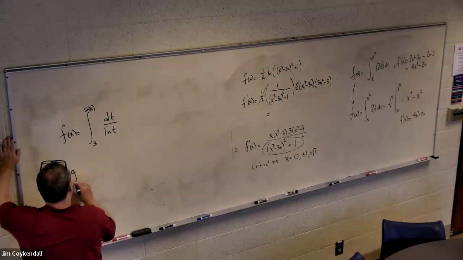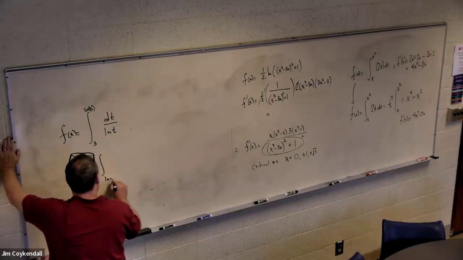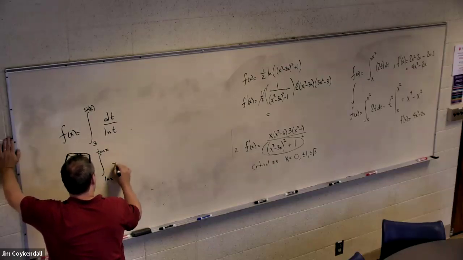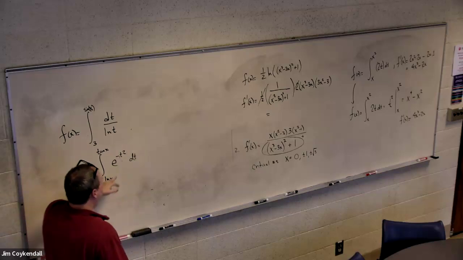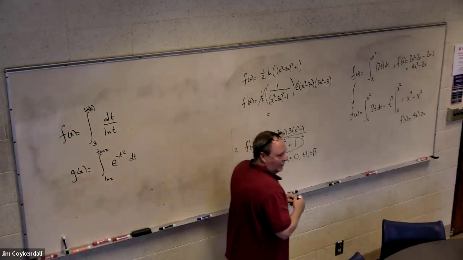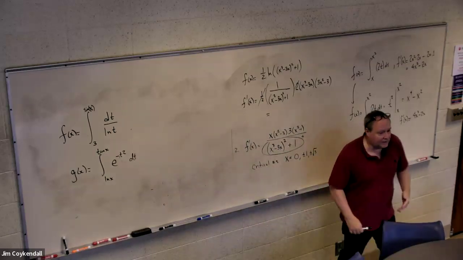Or if I gave you something like this, g of x, the integral from log x to tangent x of e to the minus t squared. Again, you can't do it the second way I did this, because you can't write down an antiderivative. But you can take the derivative straight. That's the magic.